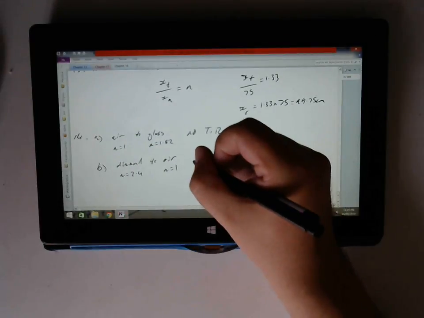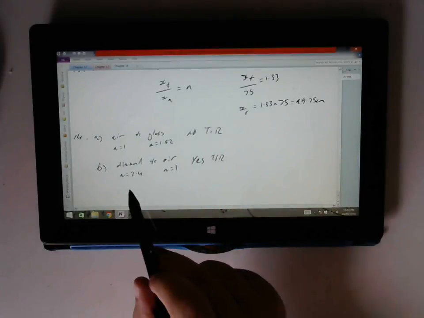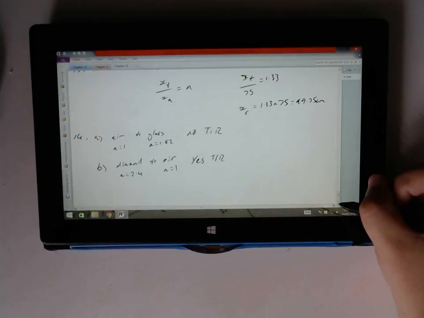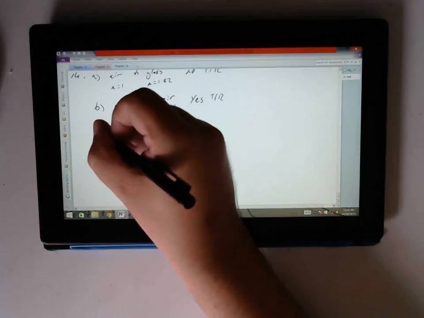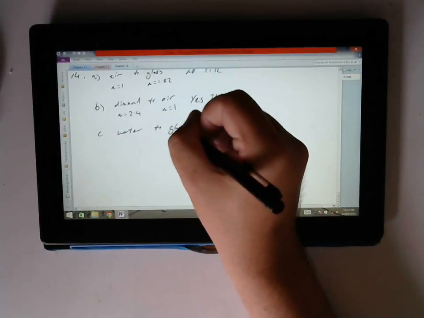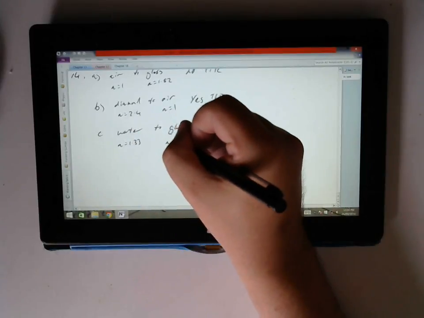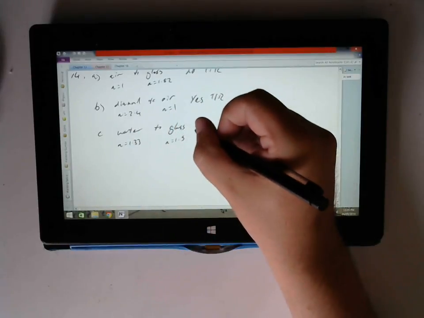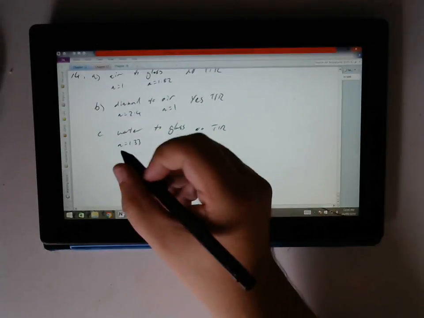So yes, TIR is possible because we're going from a more dense to a less dense material. Let's keep going. C, water to glass. So n equals 1.33, n equals 1.5, so there would be no possible TIR, less dense to more dense.